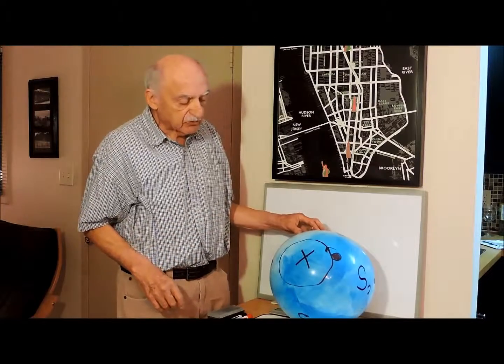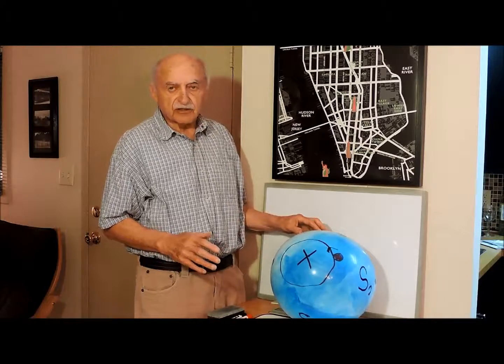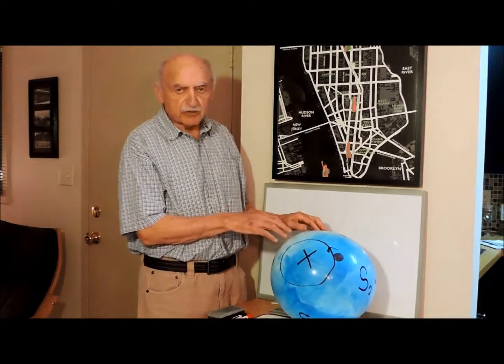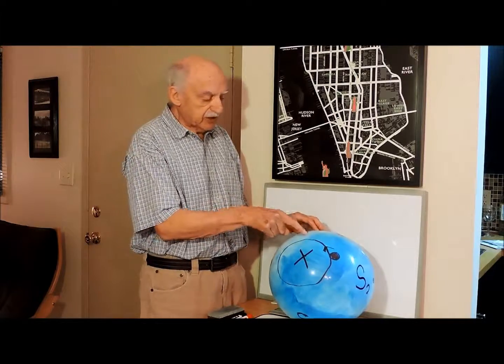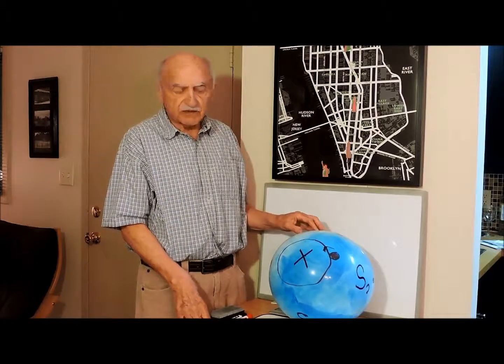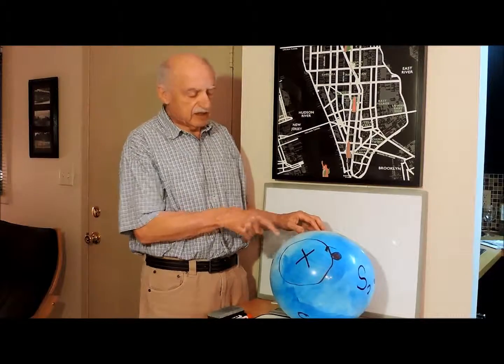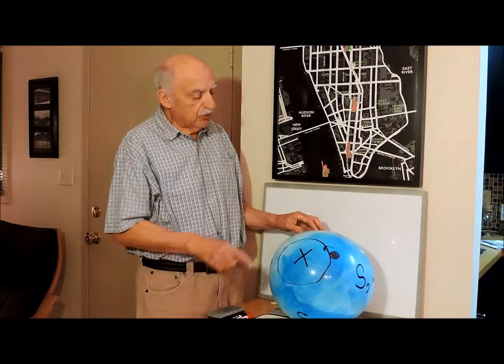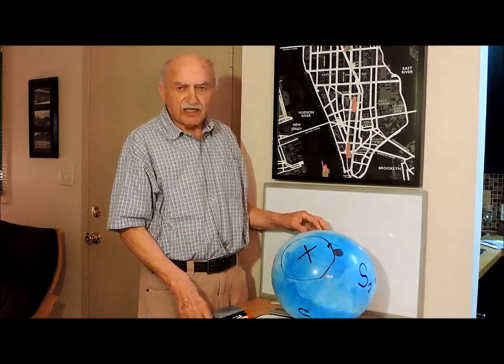And one of the things that we discussed, and I'll go into this in more detail later, was that the total separation between the two bodies was constant. And as you can see, the separation between the surface and the center of the sphere is constant. So if you think of the Earth as in the center of this sphere and the Moon is on the surface, and it must stay on the surface for its entire life.